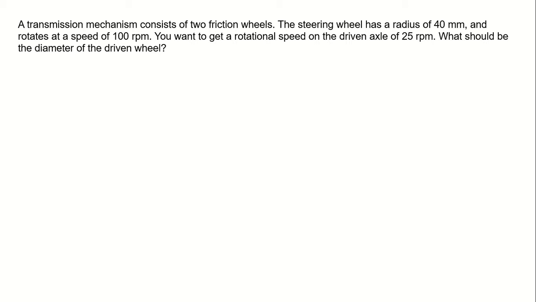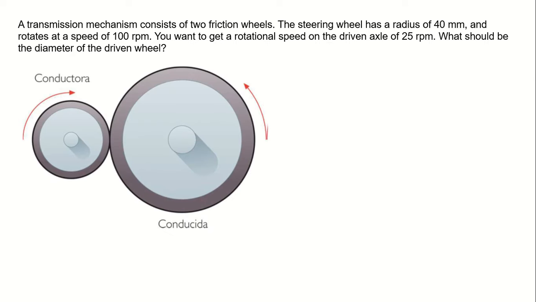So the steering wheel is the same as the driver. Okay, what do we have to do? Well, first of all, to draw, and we can see that the driven axle speed is 25.